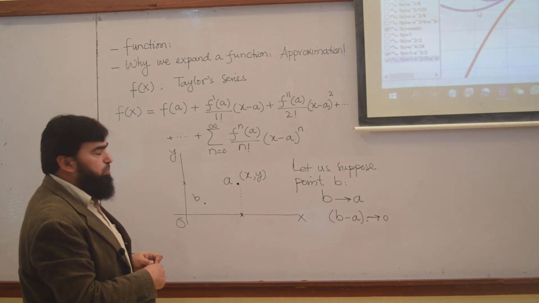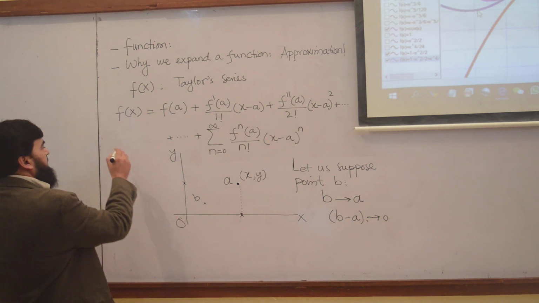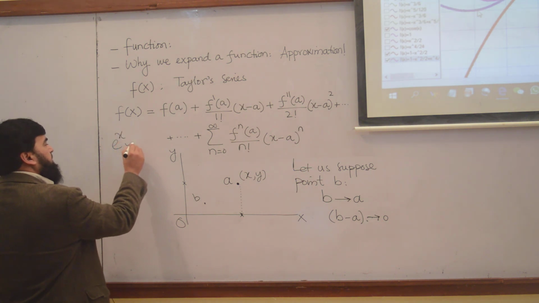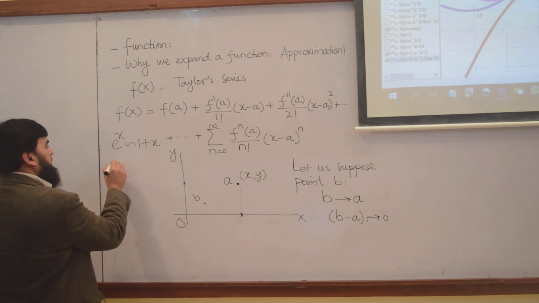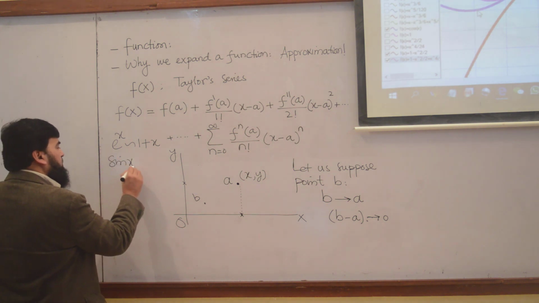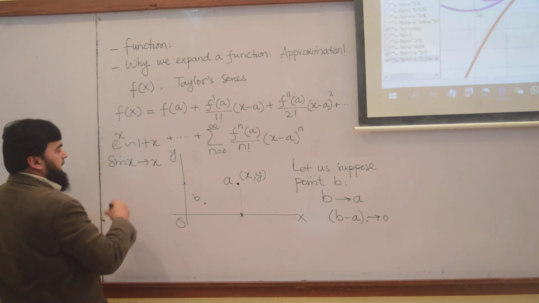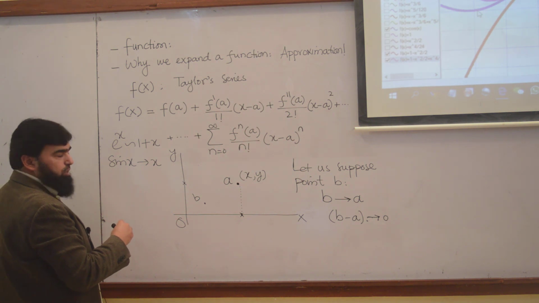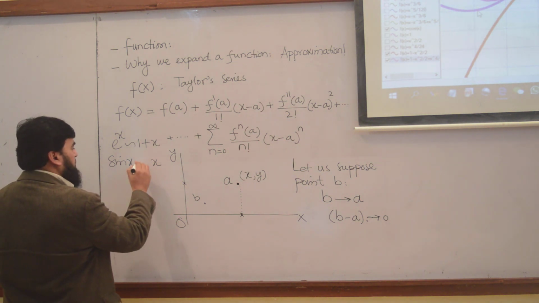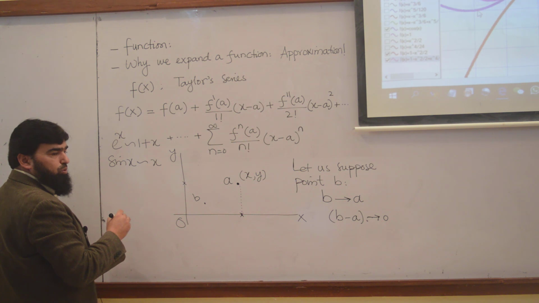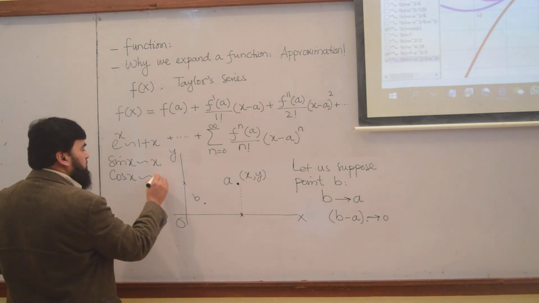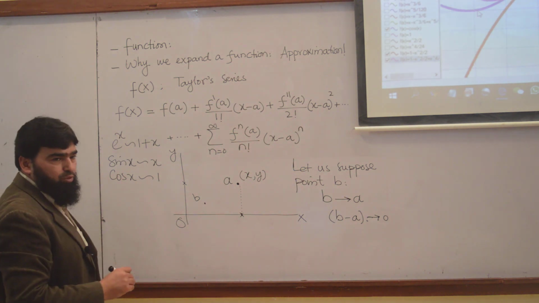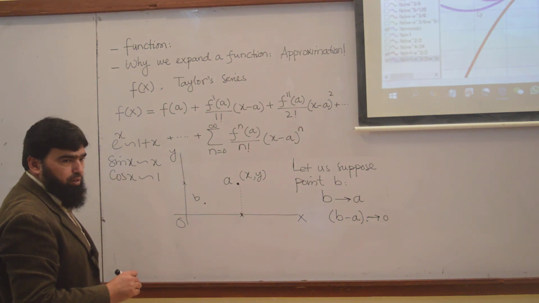Like we approximated that e to the power x is approximately 1 plus x if x is very, very small. Sine x approximately goes to x if x is very, very small. Cos x approximately goes to 1 when x is very, very small.